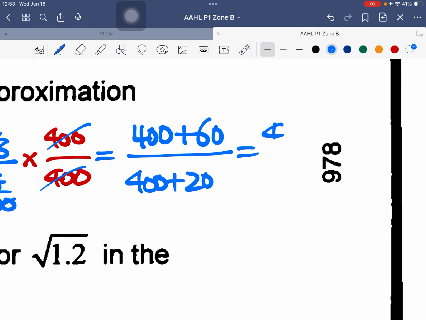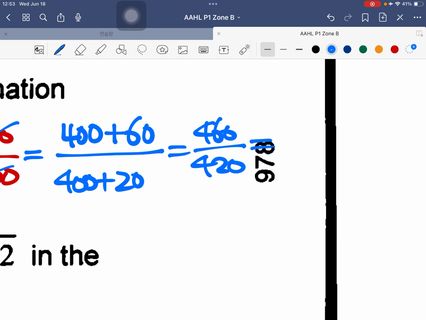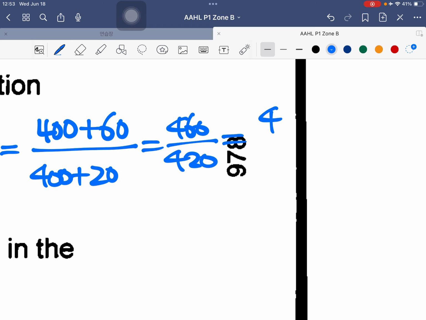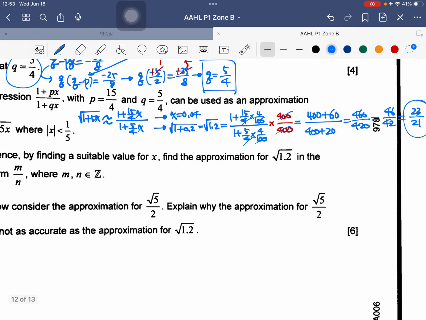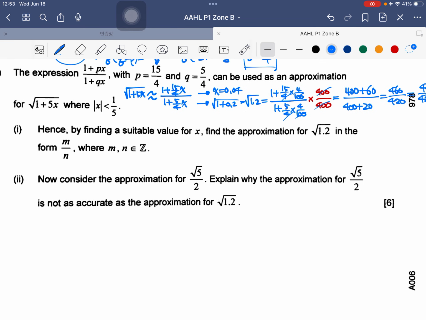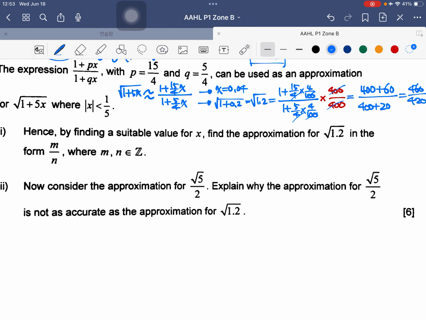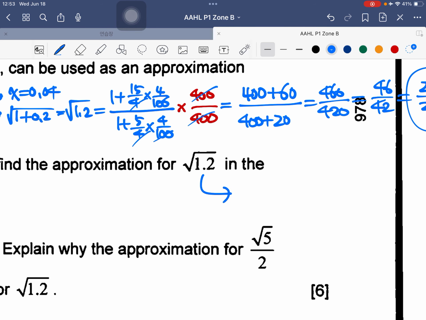So 460 over 420 equals 46 over 42, divided by 2 is 23 over 21. So this is the answer. This is equal to 23 over 21.